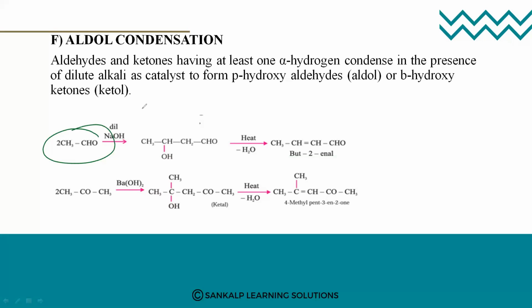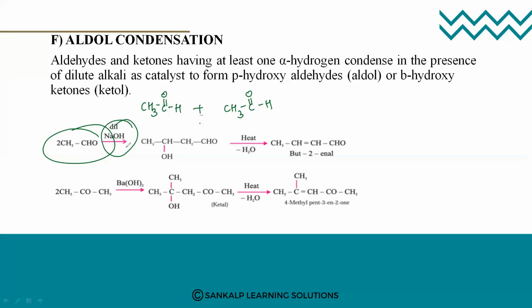One acetaldehyde will be CH3, C double bond O, H. Another you can take as CH3, C double bond O, H. These two aldehydes will undergo self condensation in the presence of dilute alkali.